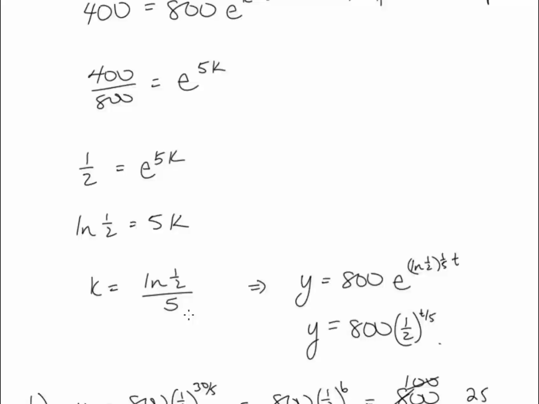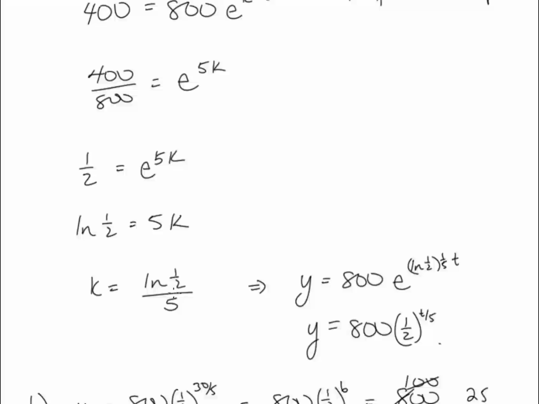We know that this is an exponential decay problem, so k should be negative. Now just because you don't see a negative sign here doesn't mean that this value is not negative. In fact, ln of 1/2 is a negative value, so this is a negative k value. So don't be confused by that. Now this k value goes back into our equation.